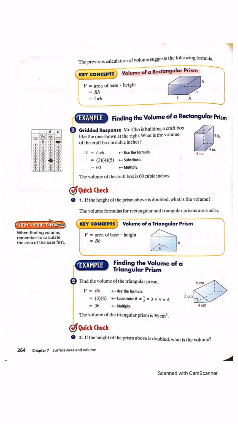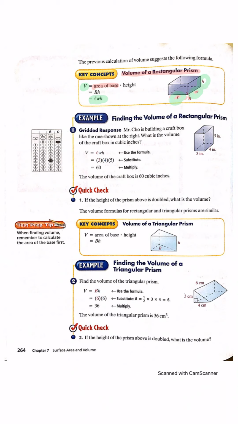The volume equals the area of the base times the height. So to find the area of the base, you've got to multiply the length times the width, and that gives you the area of the base. So in other words, if you were to just multiply length times width times height, you will get the volume.